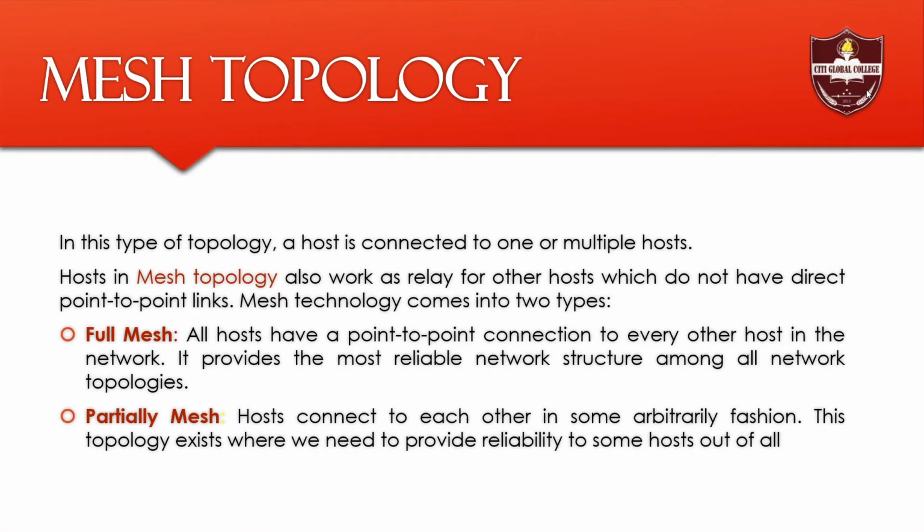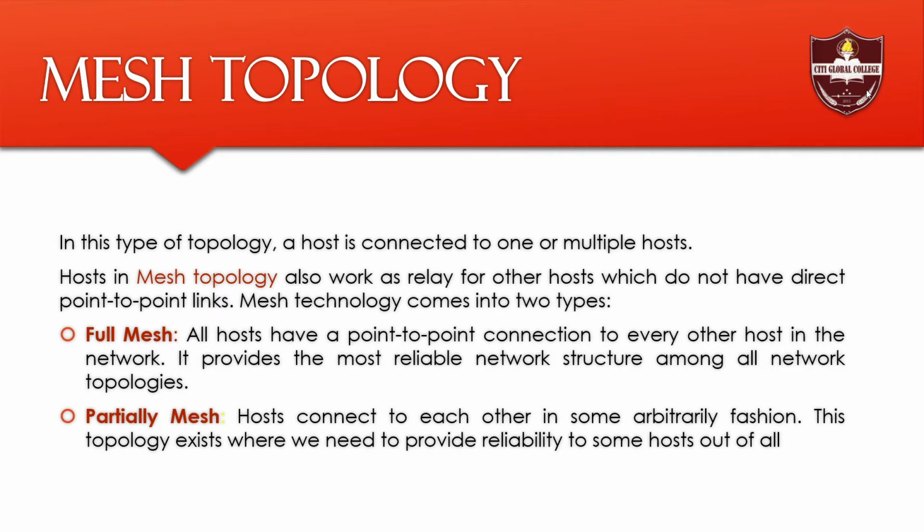Hosts in mesh topology also work as relays for other hosts which do not have direct point-to-point links. Mesh topologies come in two types. First is the full mesh and second is the partial mesh. In full mesh, all hosts have a point-to-point connection to every other host in the network. Thus, for every new host, n-1 connections are required.